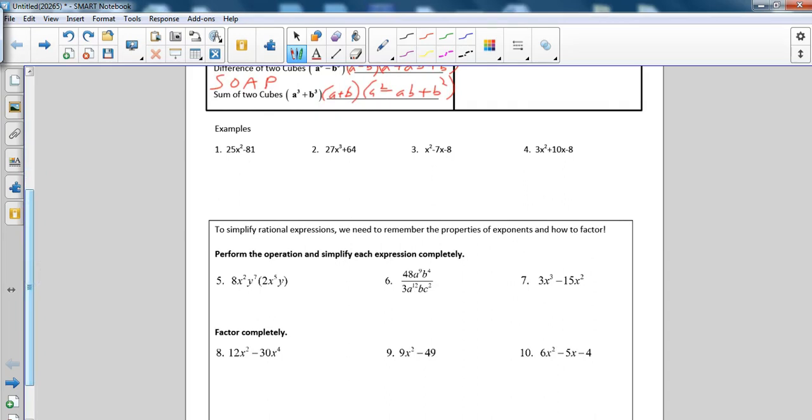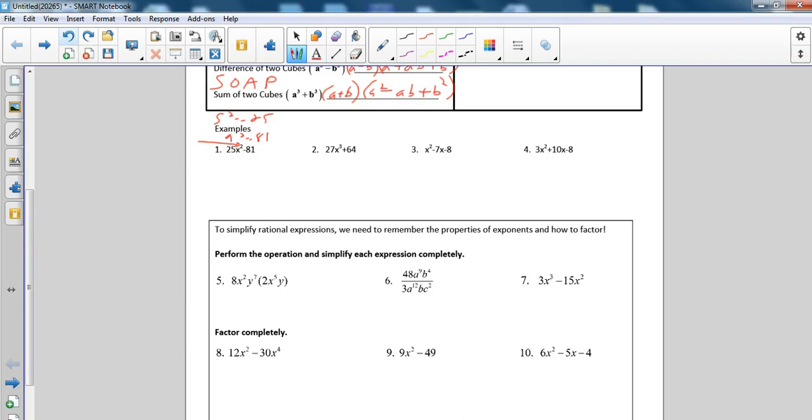Hopefully you recognize that 25 is a perfect square. And 81 is a perfect square. I did it backwards. Also, if you see this 2 here, anytime an exponent's even, it's a perfect square.